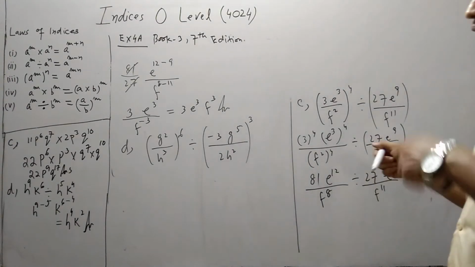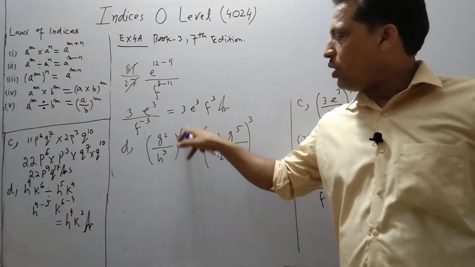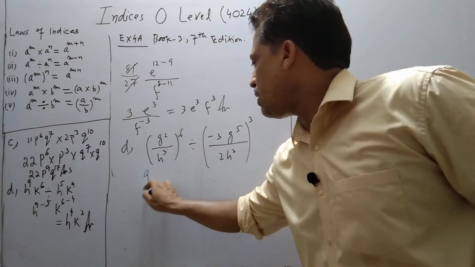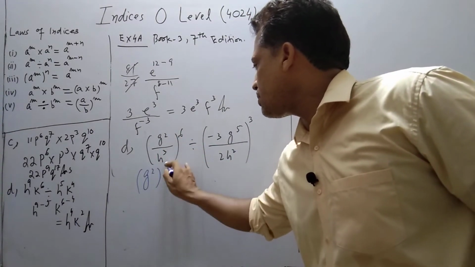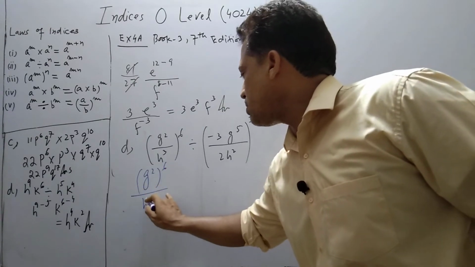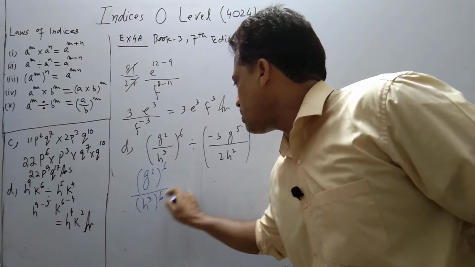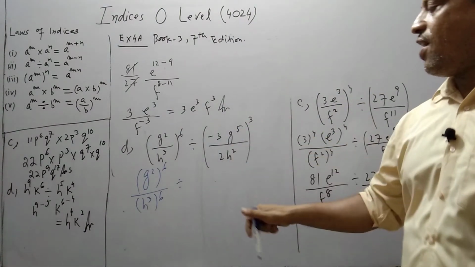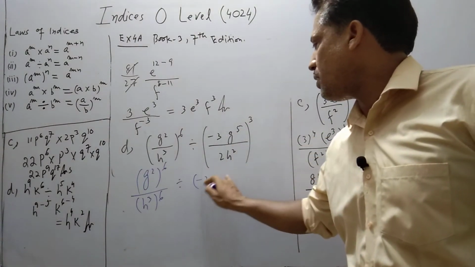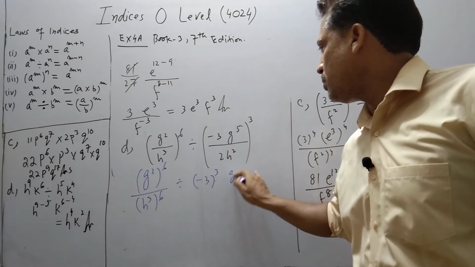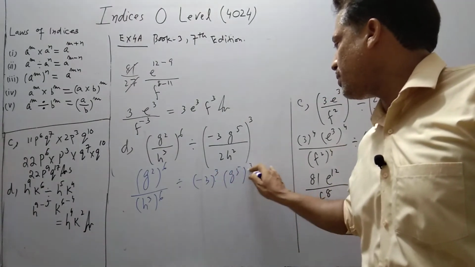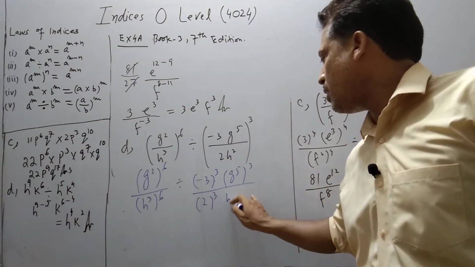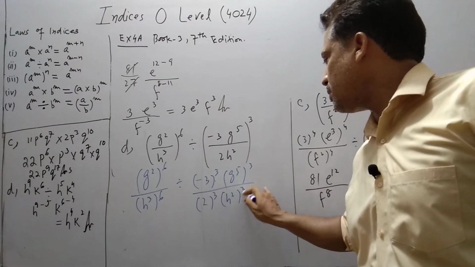Just apply this 6 on each and every individual term. So g^(2·6), h^(3·6), divided by, here we have to apply 3 on each and every term, (minus 3)^3 g^(5·3) upon 2^3 h^(2·3).